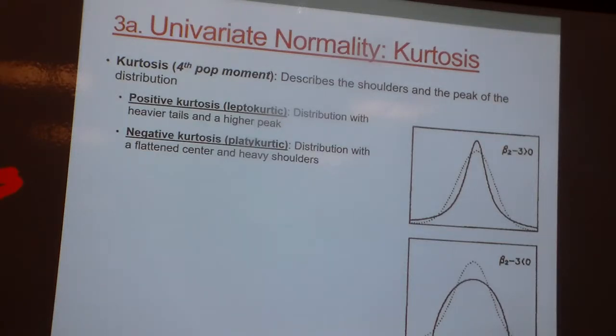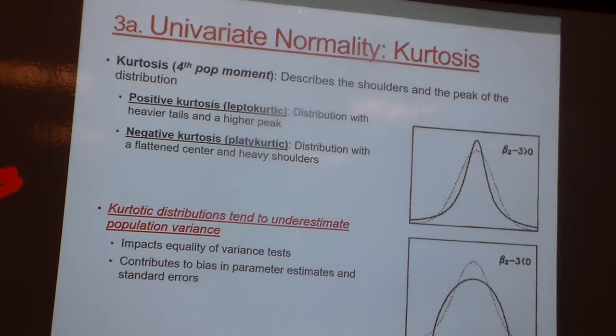All right, so it's a lot easier to see positive, negative choices. Remember that our kurtotic distributions tend to underestimate population variance, for different reasons. For our negative kurtosis, we're missing those shoulders, right?